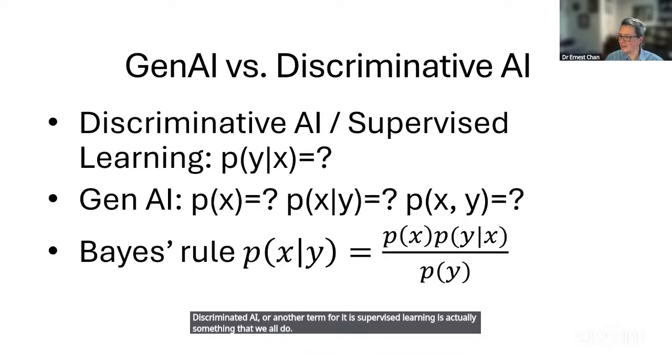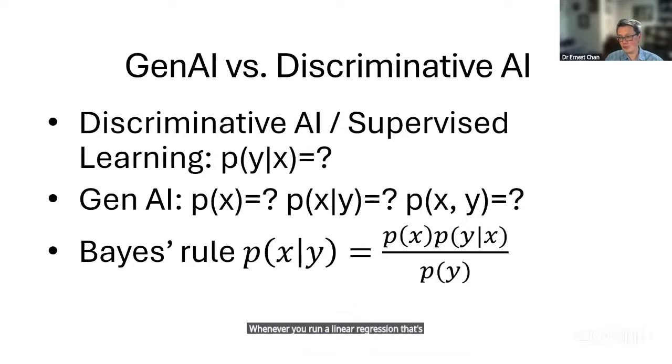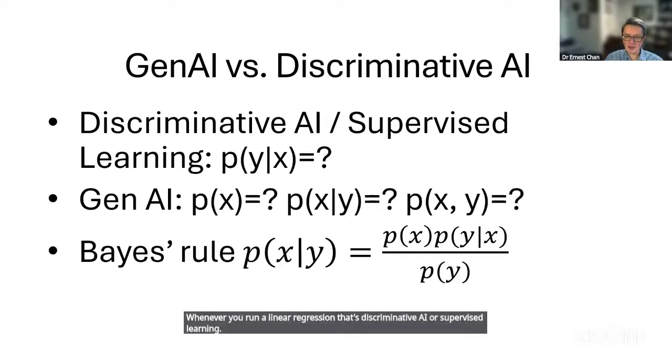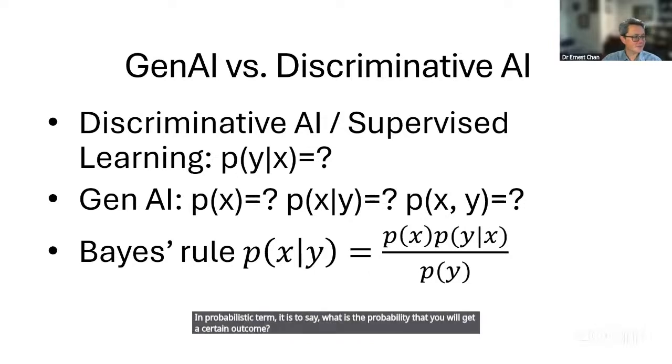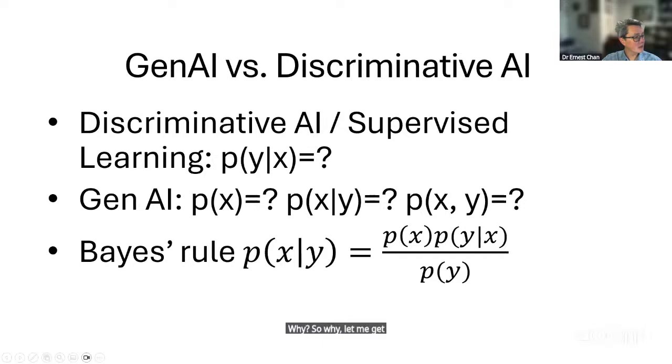Whenever you run a linear regression, that's discriminative AI or supervised learning. In probabilistic terms, it is to say, what is the probability that you get a certain outcome, P of Y given X?